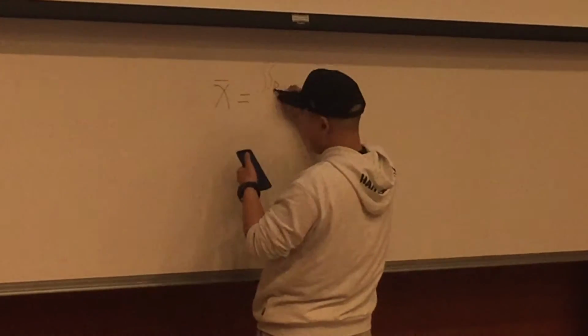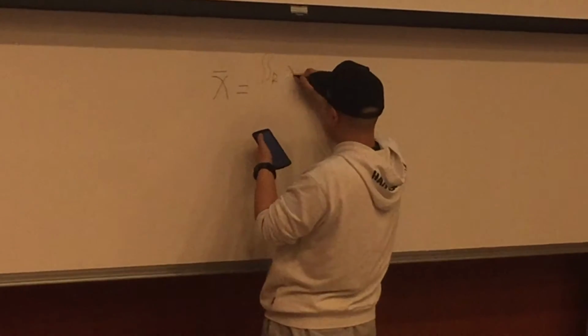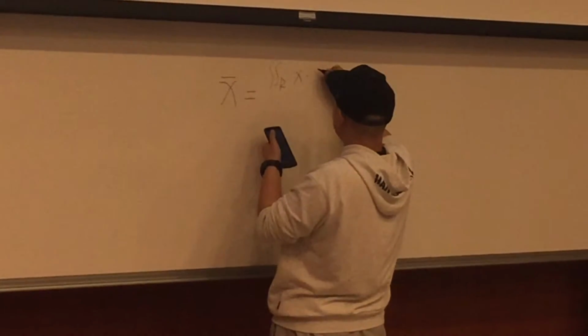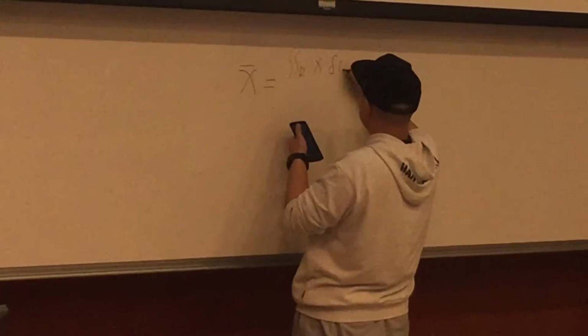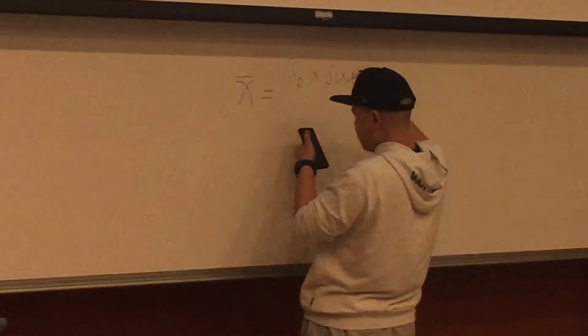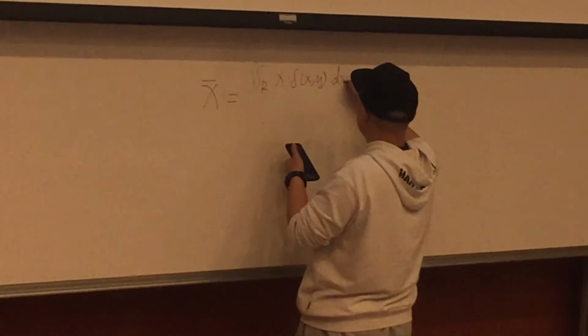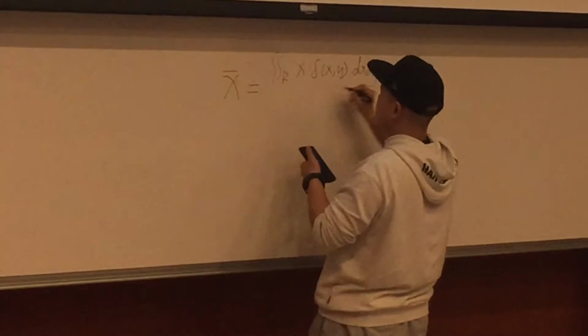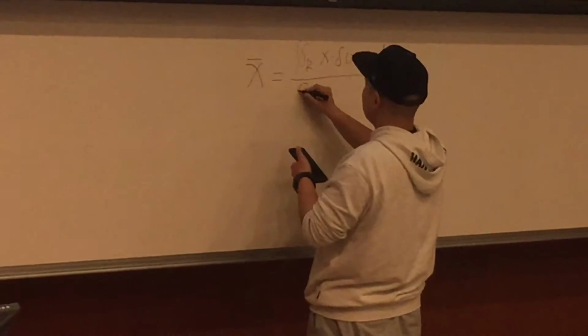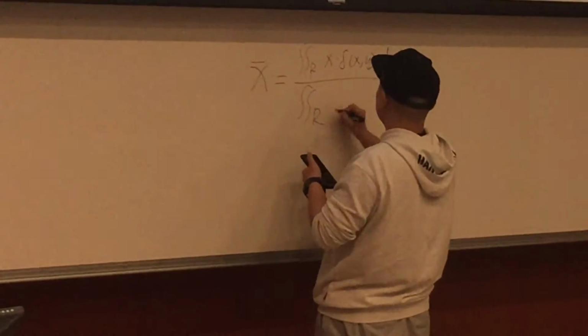Firstly, we have to solve what the density is. The question gives us that the density is equal to the absolute value of 1 plus y.